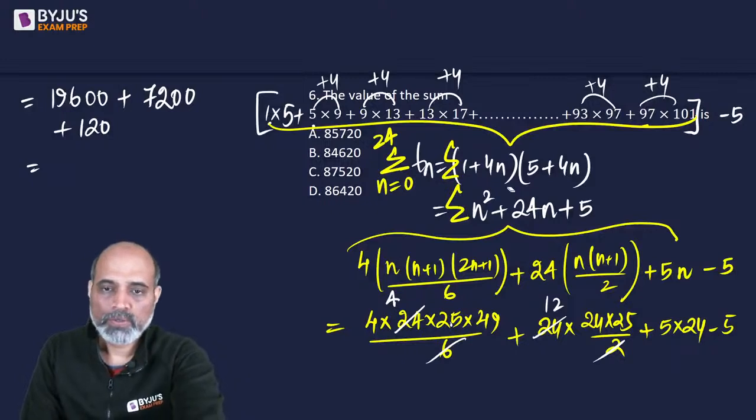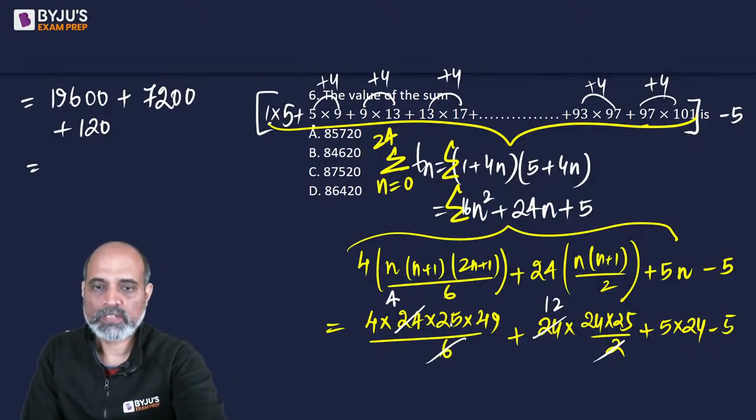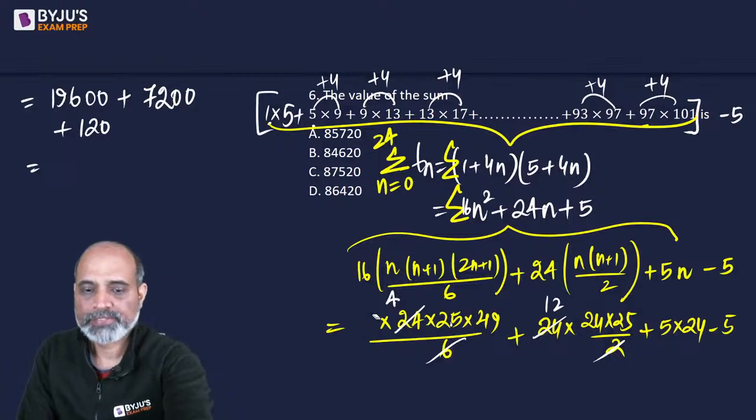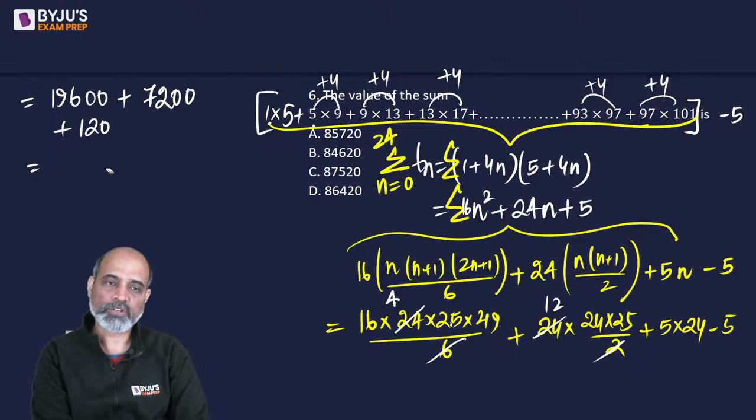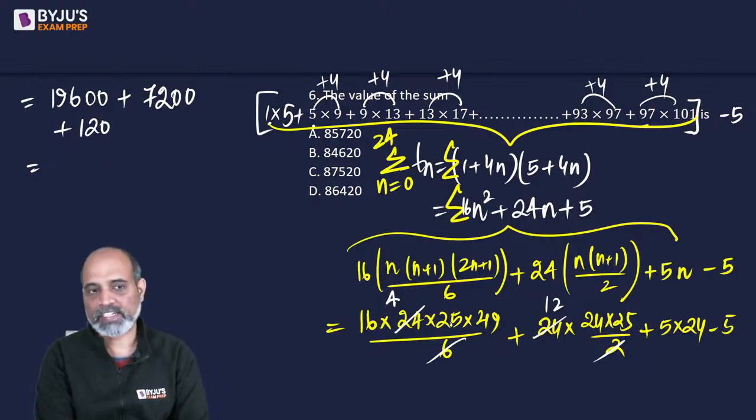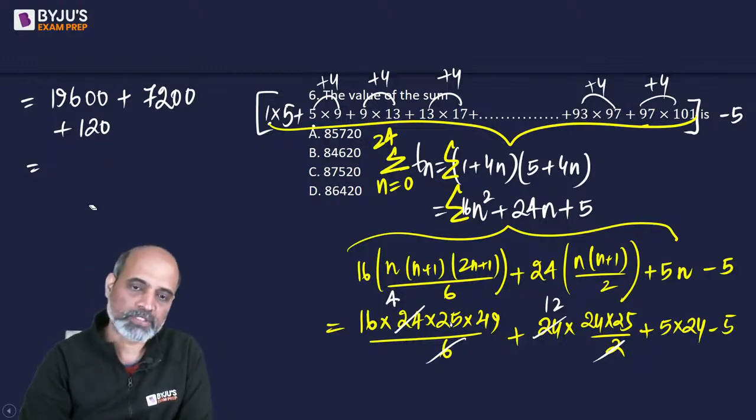Oh, 4 into 4, 4n into 4n is 16n square. So yes, making a calculation mistake right here. Okay, so we will have 4 times of 19,196,000.